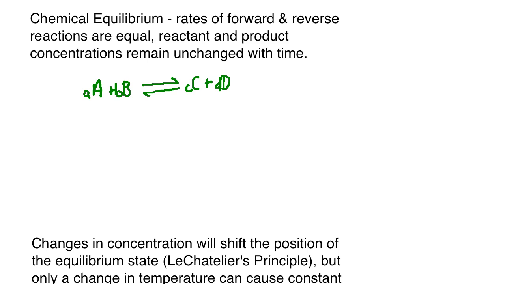Now, we keep bringing up this term equilibrium constant. When we look at equilibriums, they are governed by the equilibrium constant. And as you would think by the word constant, this is something that will be universal to a given reaction. The only thing that can change the constant is the temperature at which this reaction is taking place.